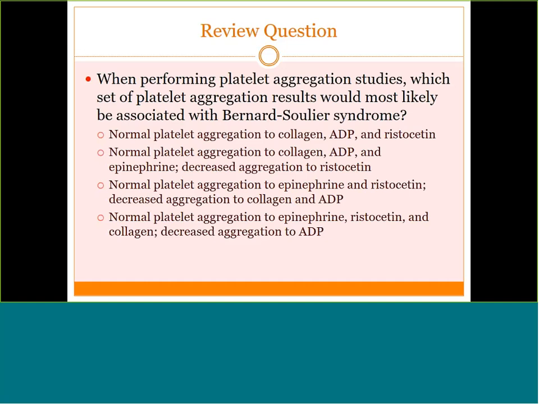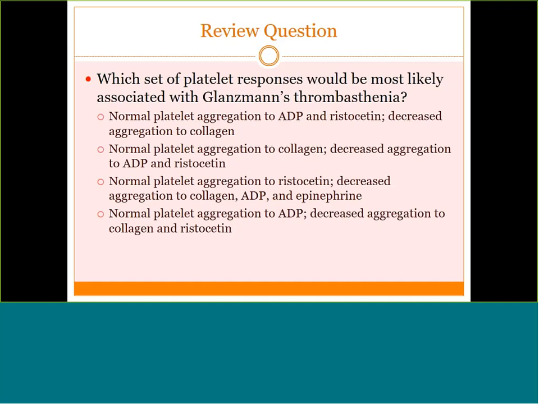So remember, in Bernard-Soulier, it's only an abnormal response to ristocetin. Everything else is normal. So this would be the second choice. Just the ristocetin is abnormal. Which set of platelet responses would be most likely with Glanzmann? So in this case, only ristocetin is normal, everything else is not, so it would be the third choice.